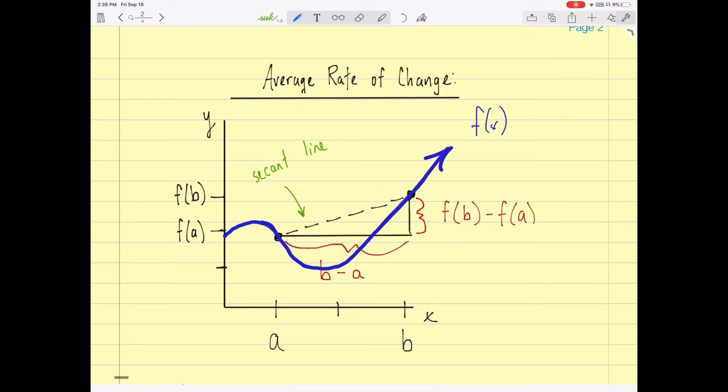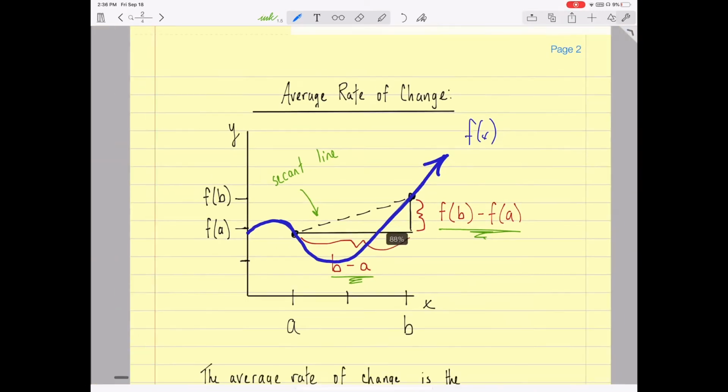So it's just a line that goes between 2 points on your function. And this is the graph of f of x, the blue line. So what I wrote here, f of b minus f of a, that's the change in the y value. And b minus a is the change in the x value. So really what we're talking about, that secant line, is simply the slope.